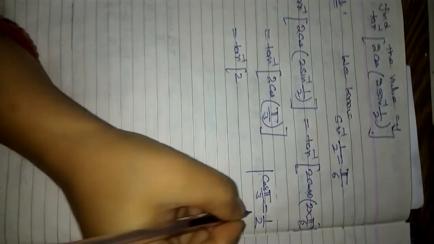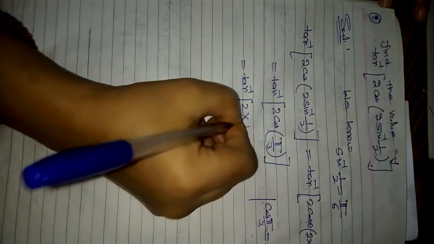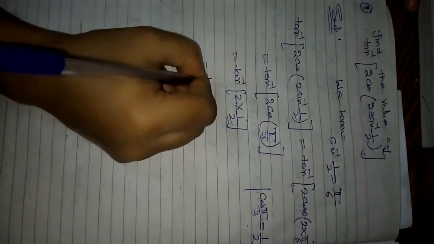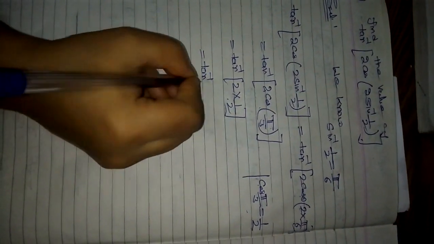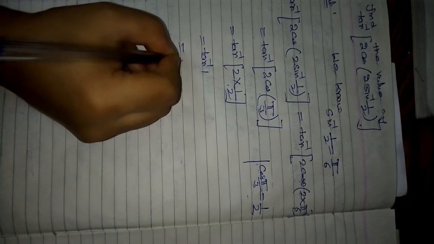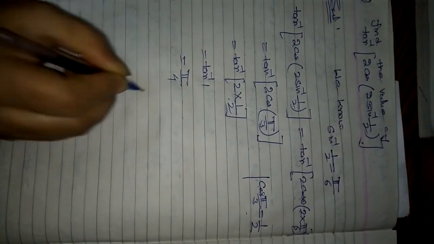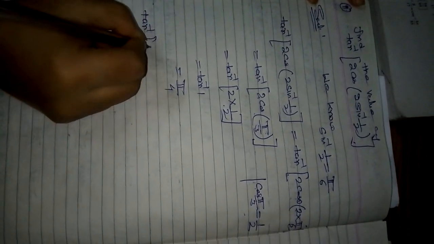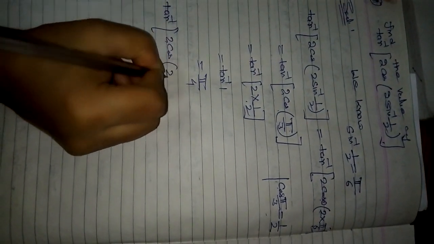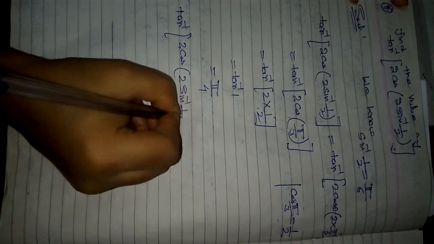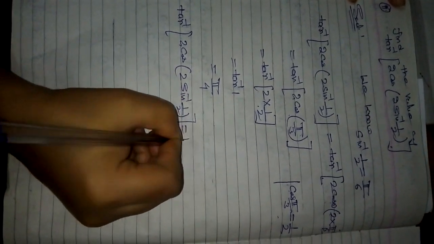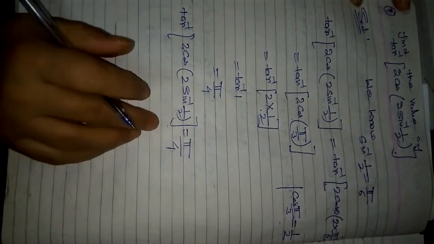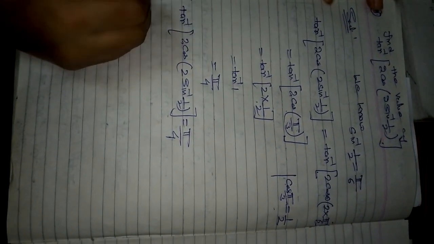So cos pi by 3 is 1 by 2. We can put here 1 by 2. So tan inverse, after cancellation it will come 1, and tan inverse 1 is pi by 4. So what is the value of this term? Tan inverse 2 cos 2 sin inverse 1 by 2 is equal to pi by 4. This is the value of this term. Now start question number 12.